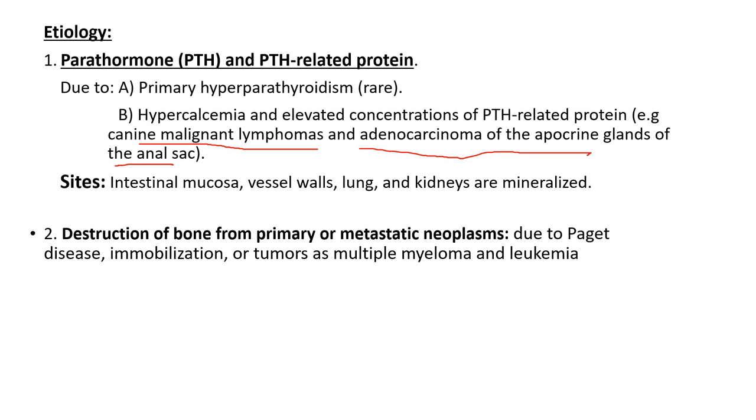Mostly, the calcium deposition would occur in intestinal mucosa, vessel walls, lung, kidneys. Or excessive destruction of bone due to primary or metastatic neoplasm, like Paget disease or immobilization, or tumors such as multiple myeloma and leukemia, for example, or metastatic neoplasm like breast cancer, for example.